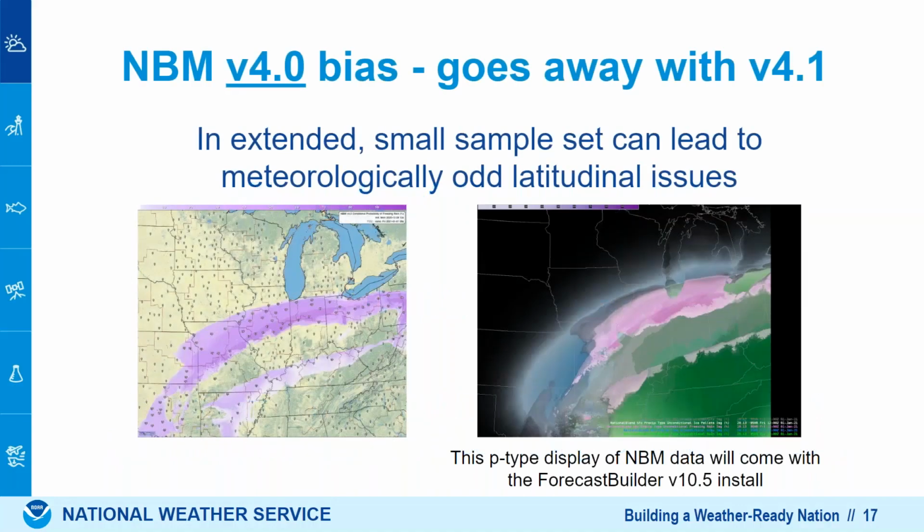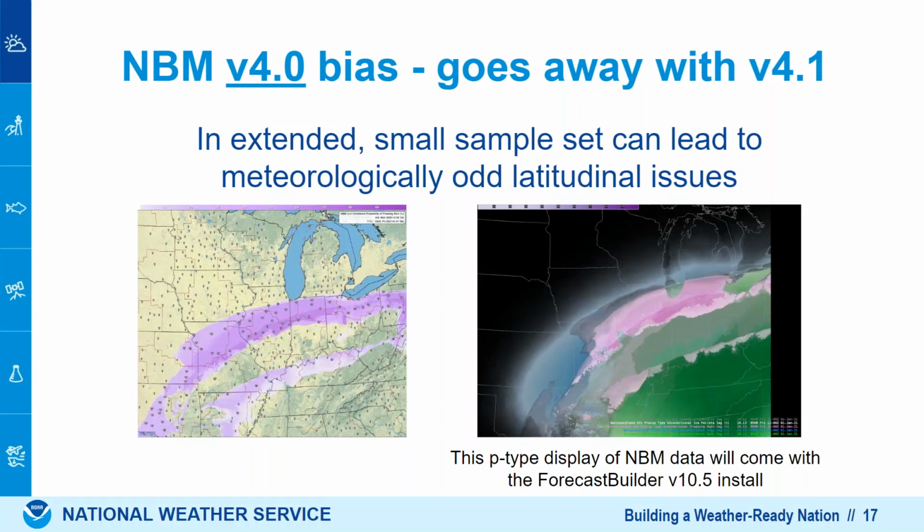So the first bias is some of the stuff that can go on with the lower number of members in the extended range, where you can get this latitudinally odd feature with, for example, freezing rain, where you have freezing rain, it drops out, and then you have it again going from south to north. With a big increase in membership in the extended with version 4.1, that pretty much removes this issue entirely.